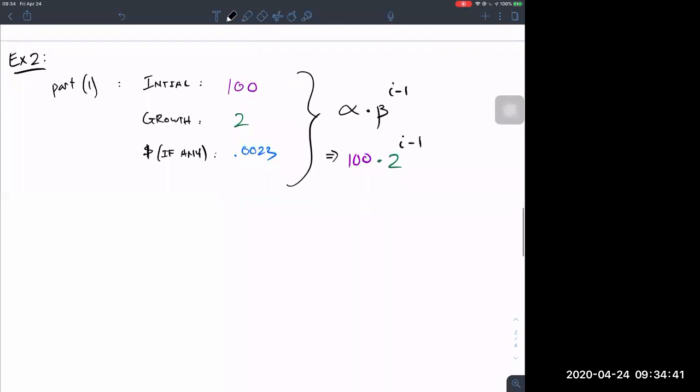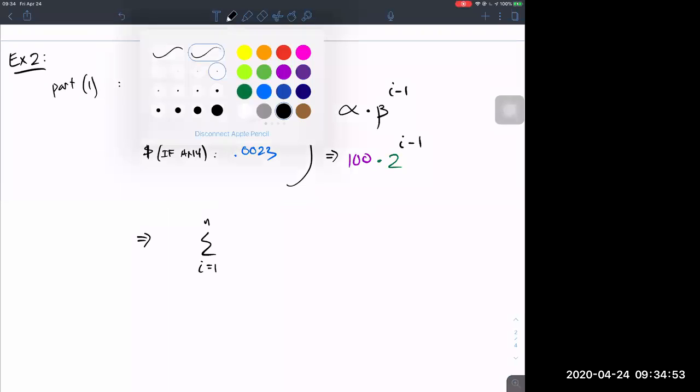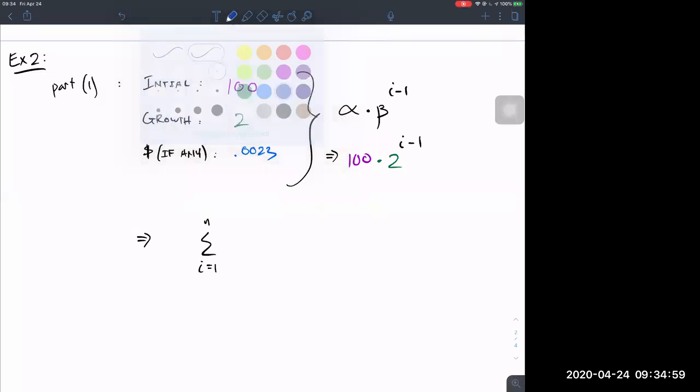Now, if you're going to put this in the summation, all together now, it will look like this. i equals 1 to n, right? That's the summation that tells you not only to calculate, but to add your results up. And then, in a different color, you take this term here and you plug it in.